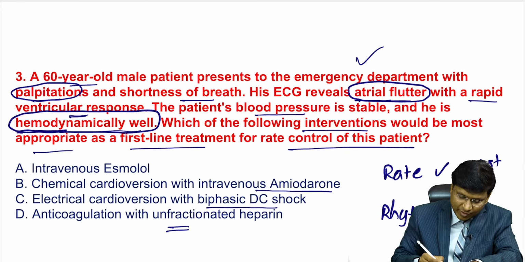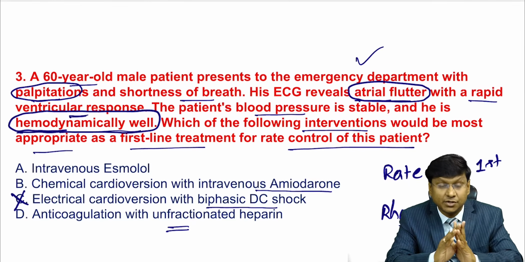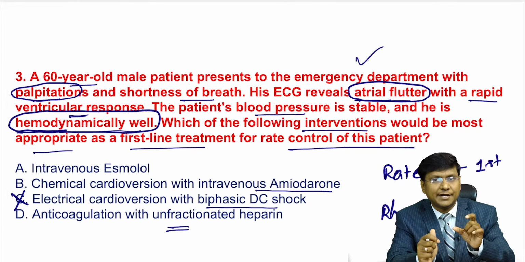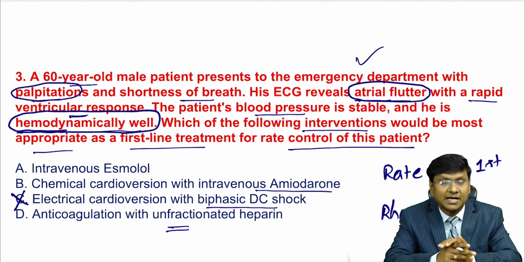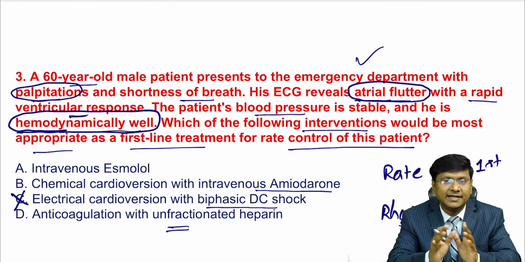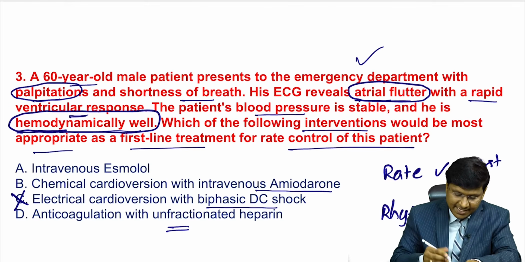When the individual is hemodynamically stable, electrical cardioversion with biphasic DC shock is not required. Electrical cardioversion is required only when the patient has hemodynamic instability.